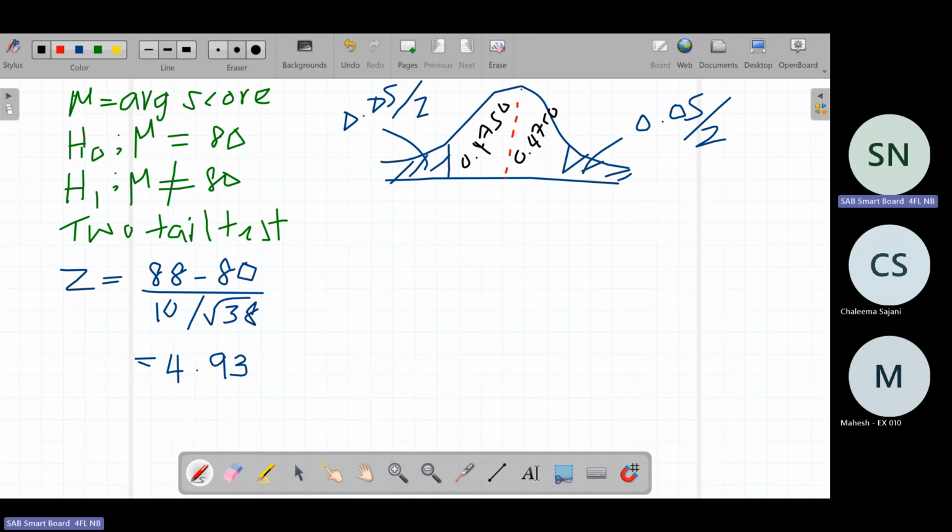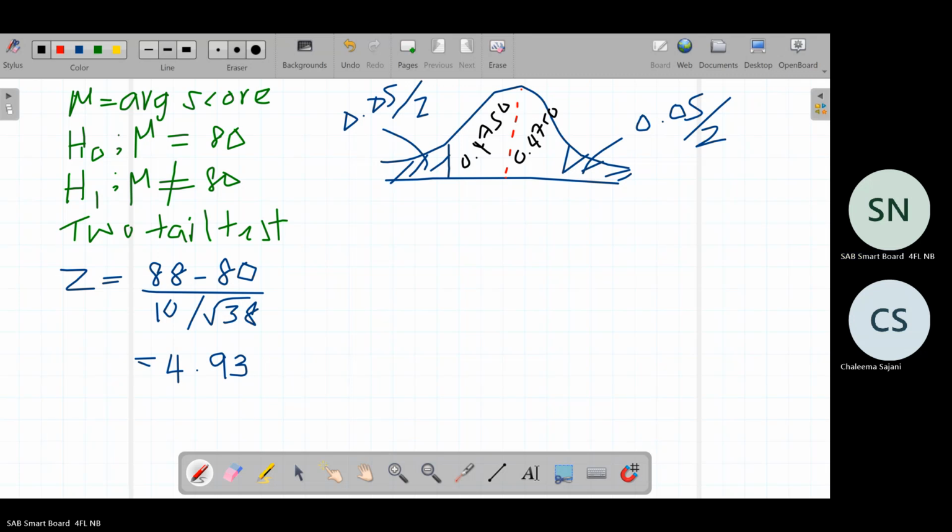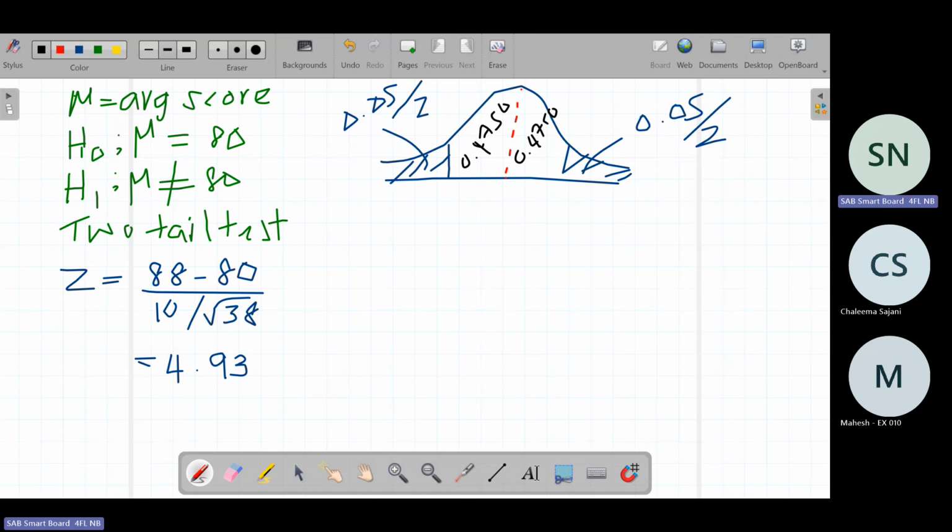Then I have to get the critical value using this table.